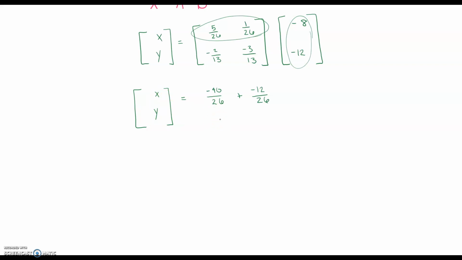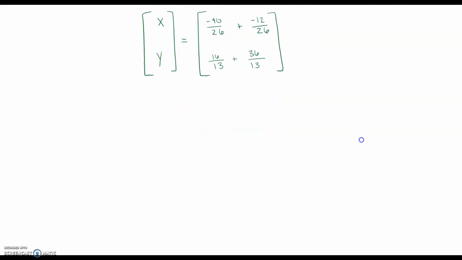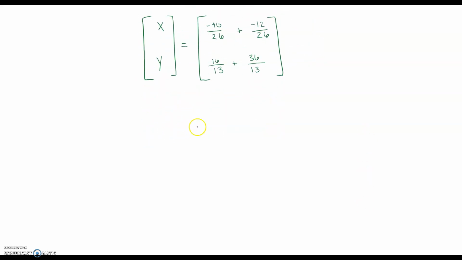Alright, so then we have -2 times -8, so 16/13 plus 36/13. That becomes positive, which is nice. I'm going to rewrite this so that it lines up well. Okay, now I'm going to add.